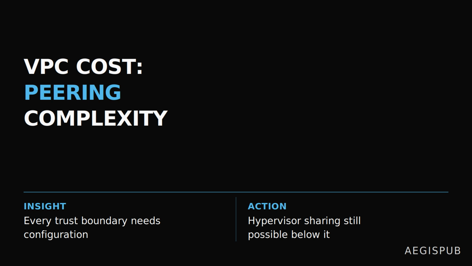What VPCs cannot address is the sharing at the hypervisor level. Workloads in different VPCs may still share physical hosts and, therefore, share the compute common mechanism unless dedicated host configurations are explicitly requested. Virtualization and containerization provide compute layer isolation between workloads that would otherwise share an operating system directly.